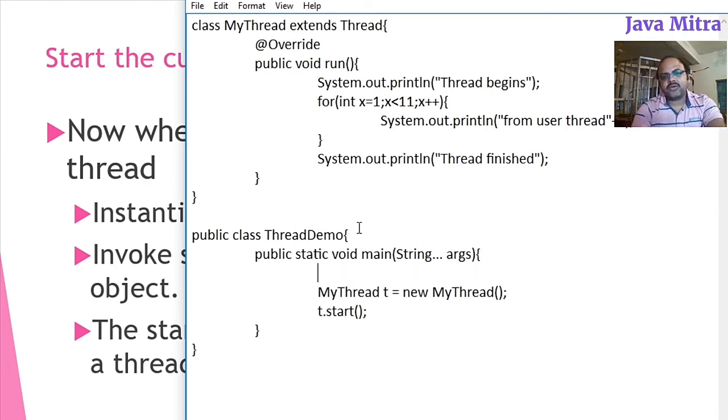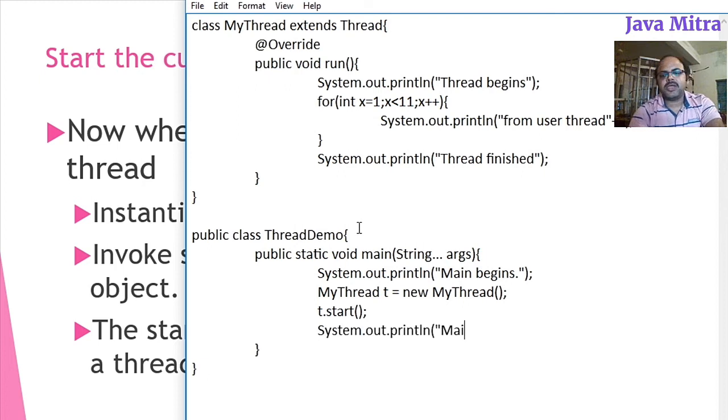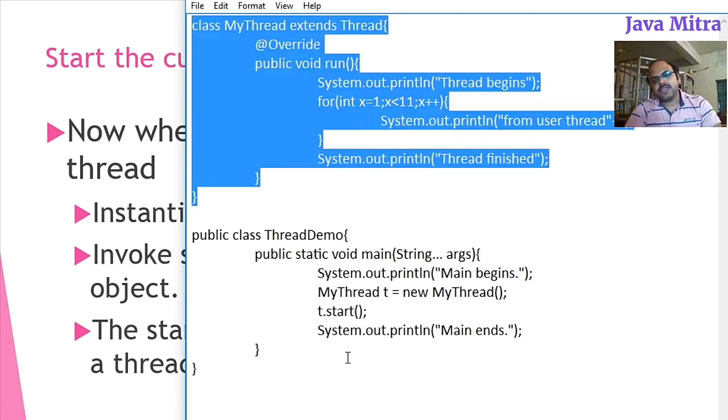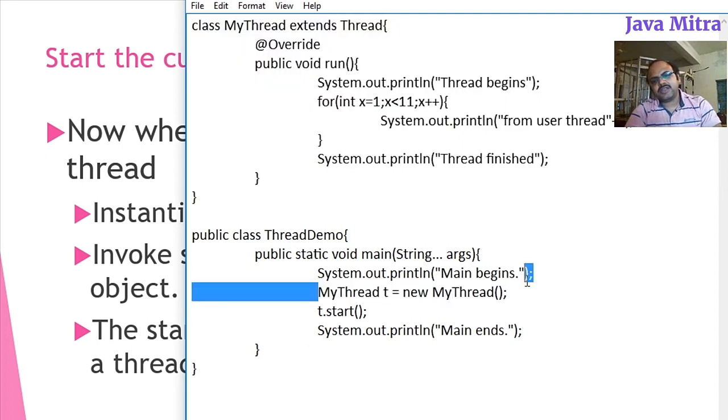But before testing the program, let me add statements to display that main begins and main ends. So in this way we have created a subclass of Thread, an instance of it, and then we have started the thread, and after starting the thread I have displayed a message that our main thread is finished.